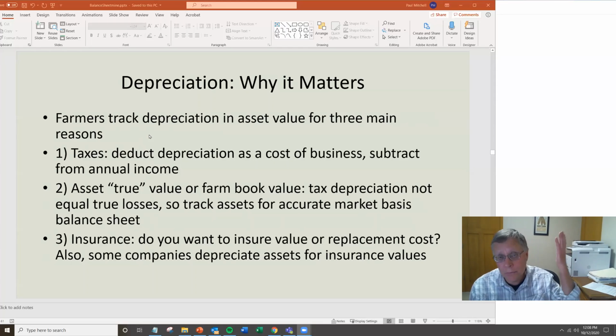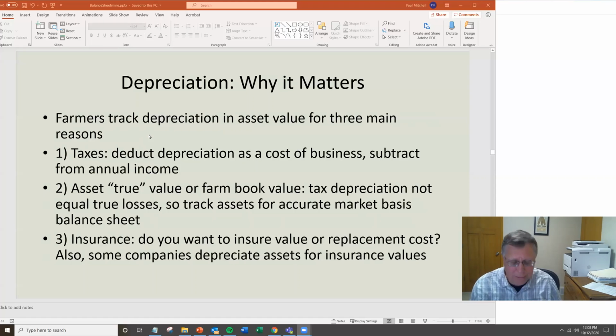You put a new roof on your building with a life of 10 years. After 5 years, it's lost half its value. So they don't insure the cost of putting a new roof on your house, they insure the value of the roof. It cost you $3,000 to put it on, but it's been there for 5 years and it's only worth $1,000 now. So they only insure that $1,000 in value, not the cost of putting a new roof on. Farm assets work the same way.